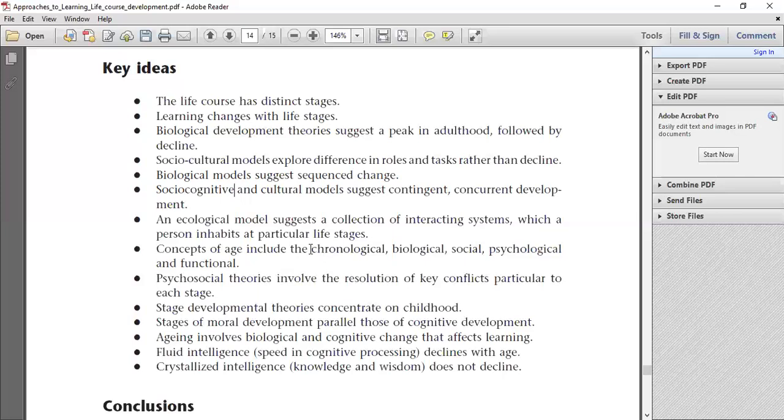And then whether it is biological, socio-cultural, or cognitive development, all these development theories are saying that there are stages. We go through different stages, and we cannot skip a stage. So we have to pass through stages.